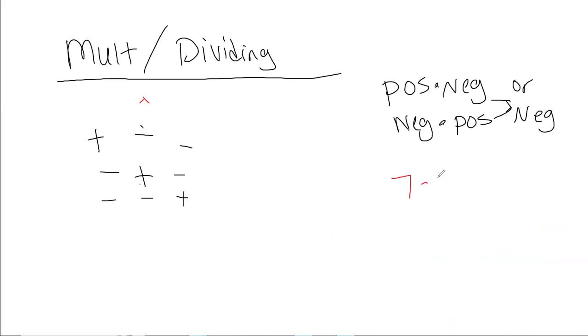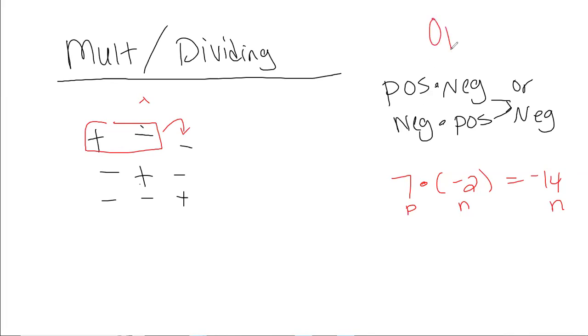Okay, let's say 7 times -2. So find the row that has a positive and then a negative. So that's actually the top row. Positive, negative, this is the answer. So just do 7 times 2, so 14, and make it negative. Positive times negative is negative. Basically, the rule is if they have opposite signs, they are negative.